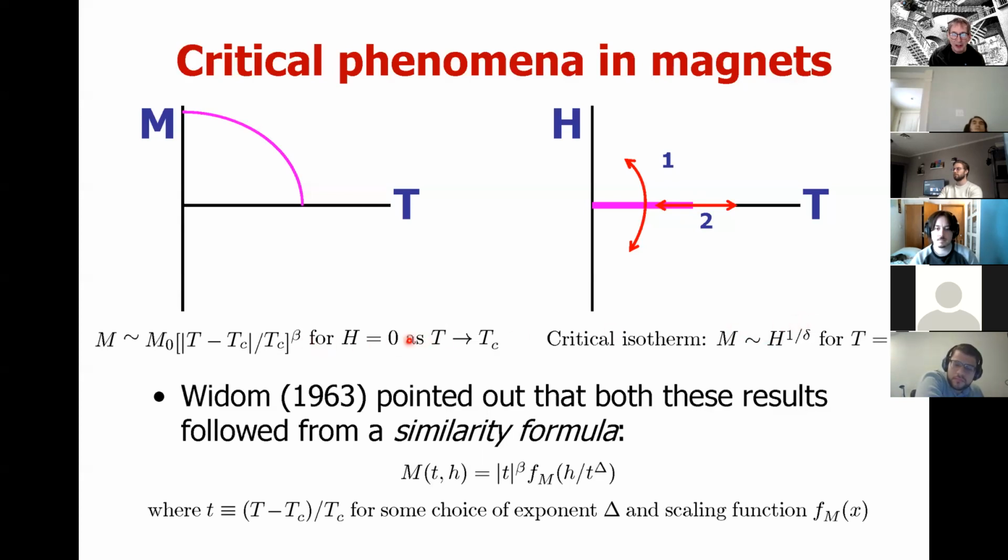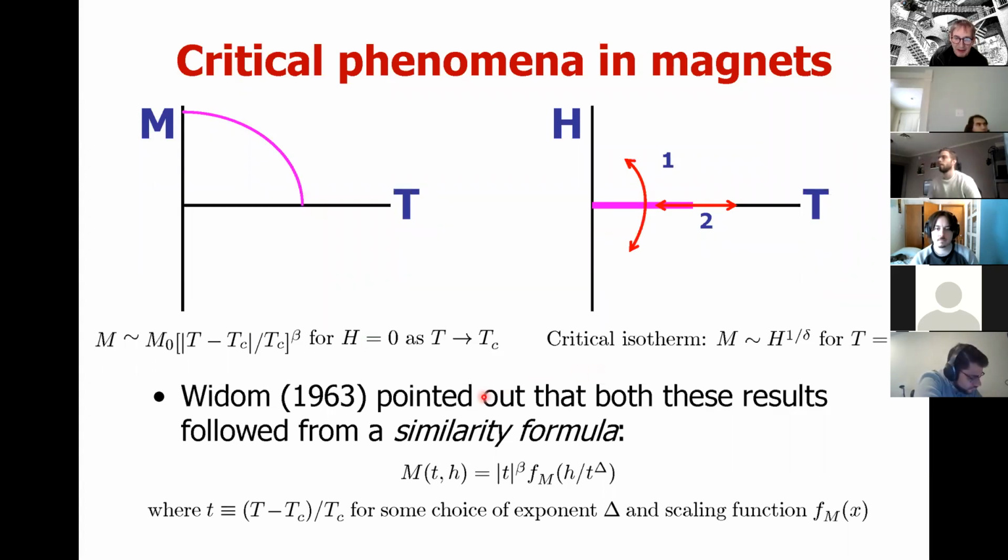Okay, so these two things happen. This is the non-analyticity in the order parameter. This is the breakdown of linear response theory, and both of these things happen in critical phenomena. Now, where the modern era of critical phenomena really took off was the observation by Widom and Kadanoff that both of these stylized facts follow from this similarity formula.